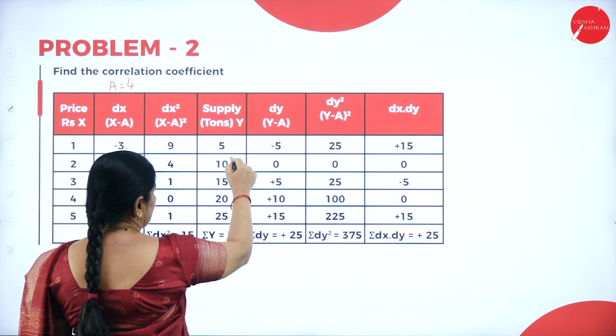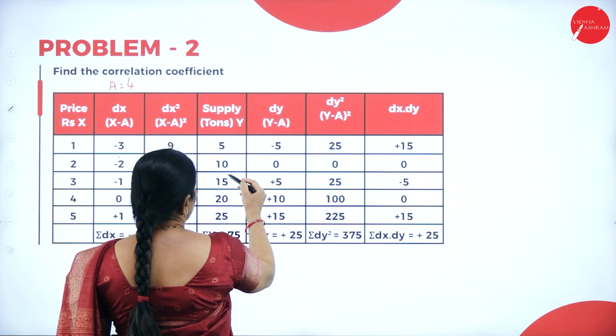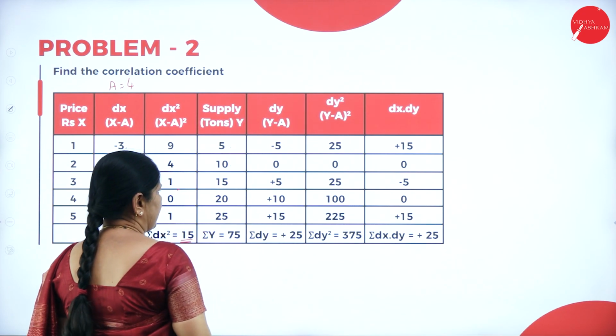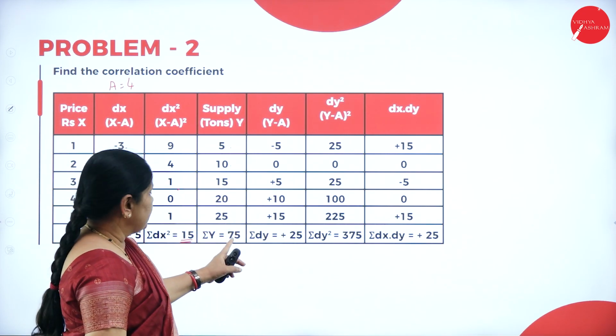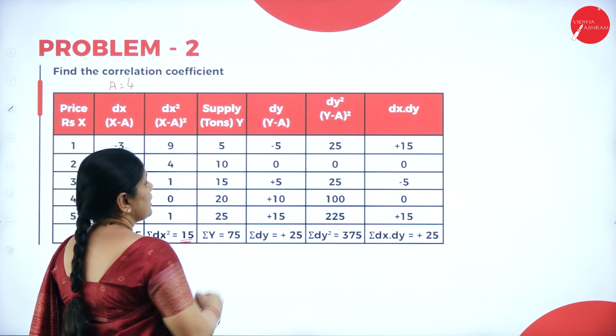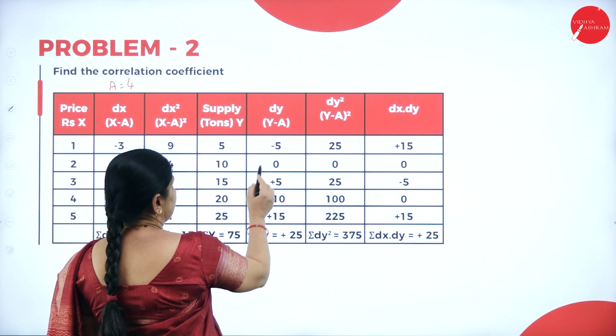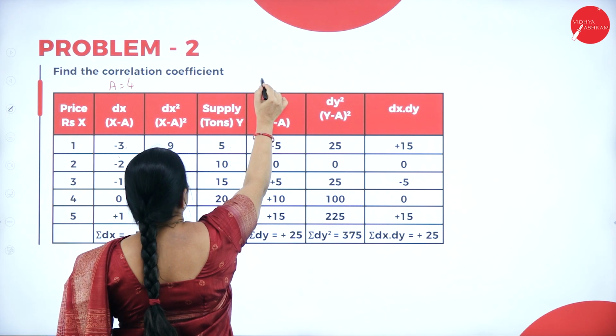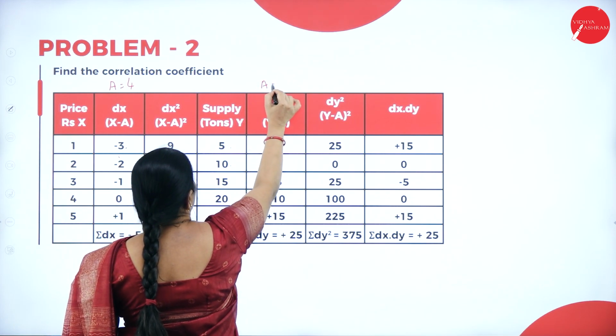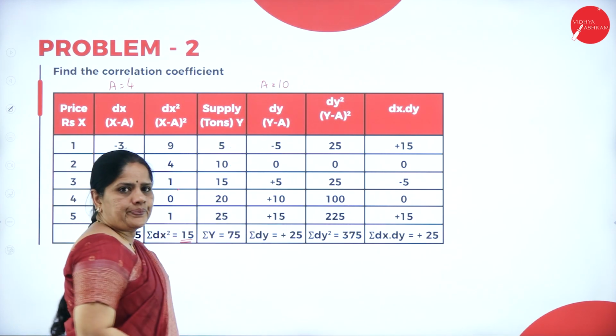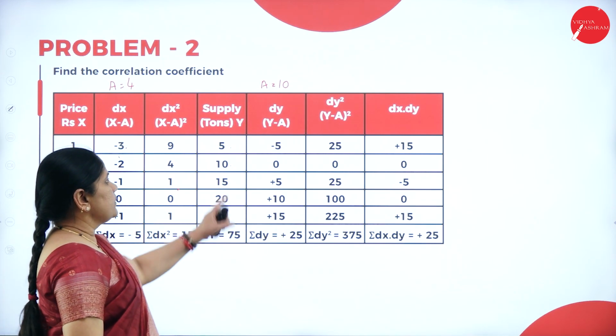Now the y column here: 5, 10, 15, 20 and 25. When you add all this we get 75. Now for the deviations, I have taken 10 as the assumed mean. A equals 10.